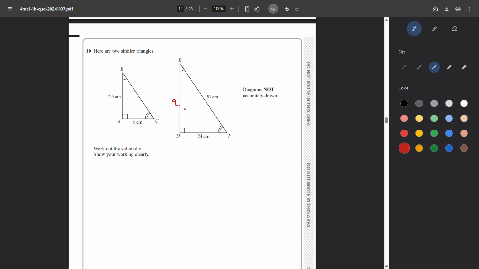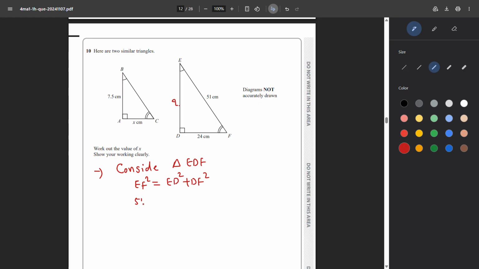By using the Pythagoras theorem, we know that hypotenuse square, consider triangle EDF. EF square, the hypotenuse square, is equal to ED square plus DF square.